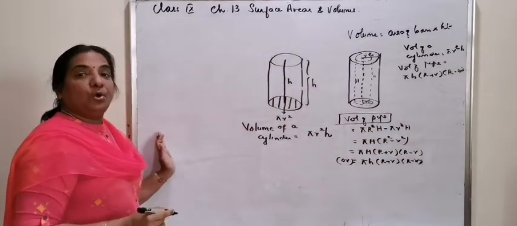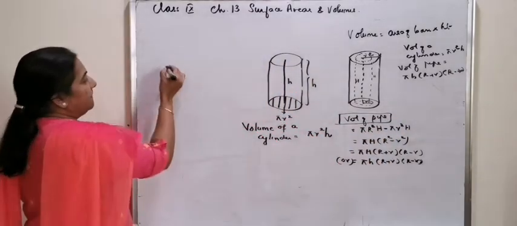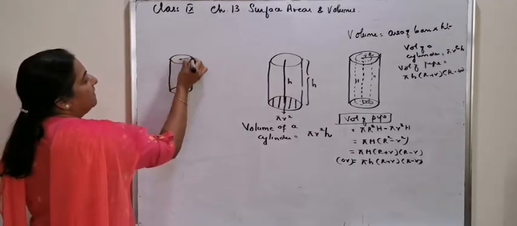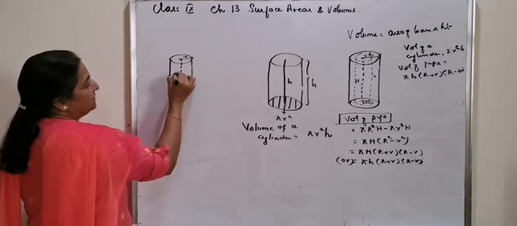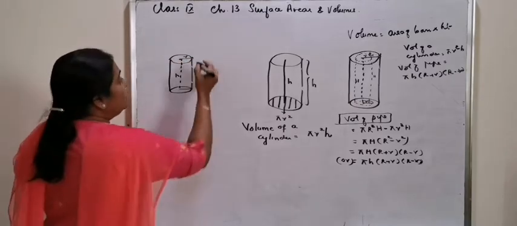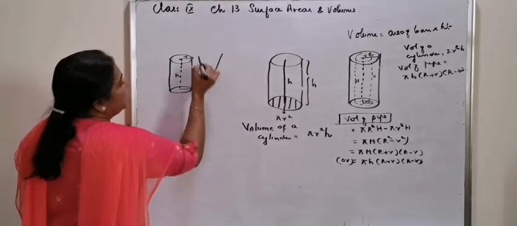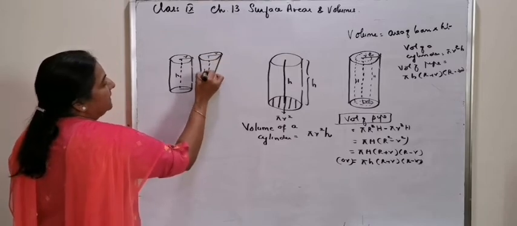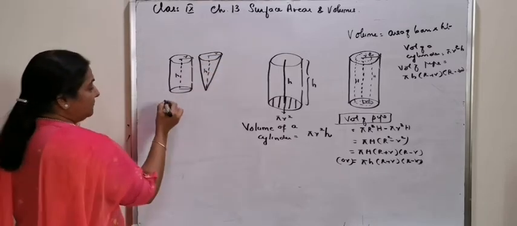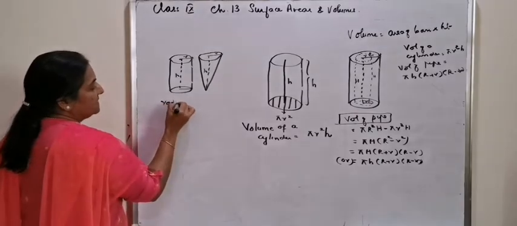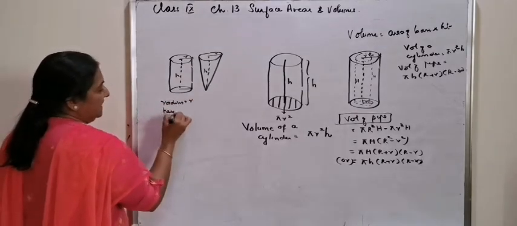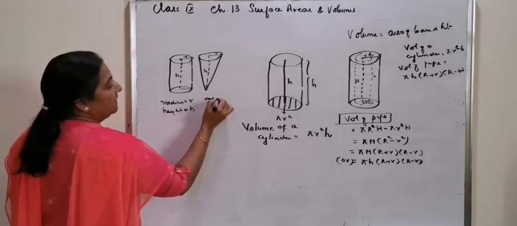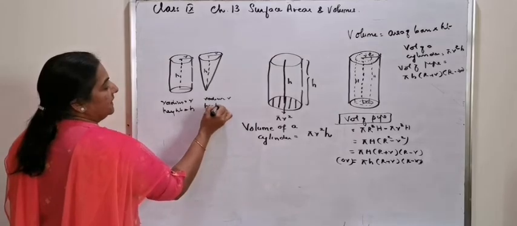And now, for the volume of the cone, imagine a cylinder with radius r and height h, and a cone of same radius and same height. That means you have a cylinder with radius r and height h, and a cone also with radius r and height h.